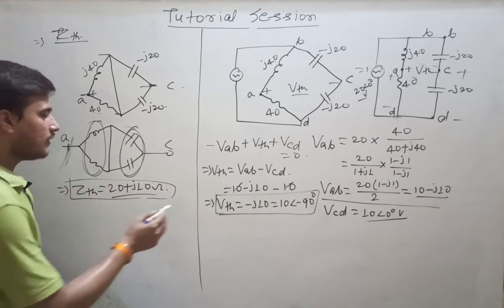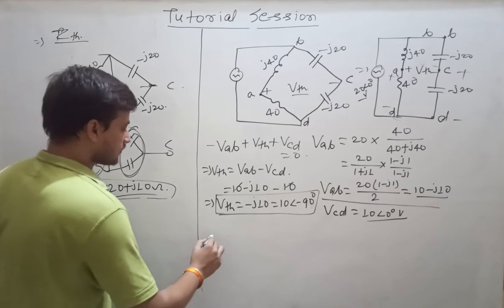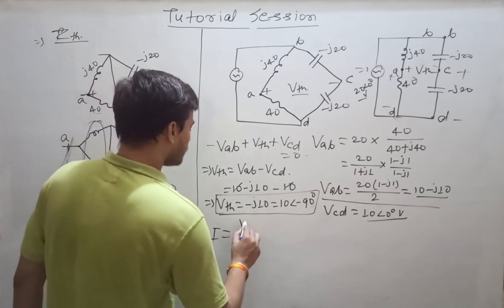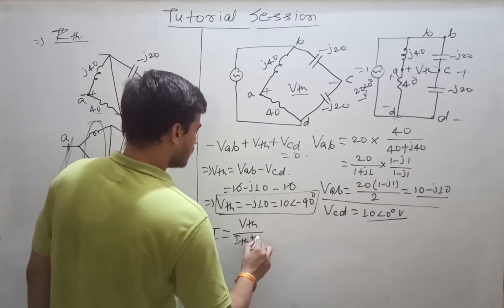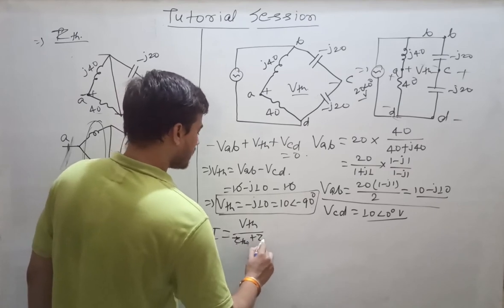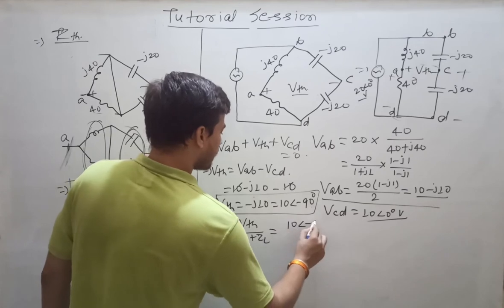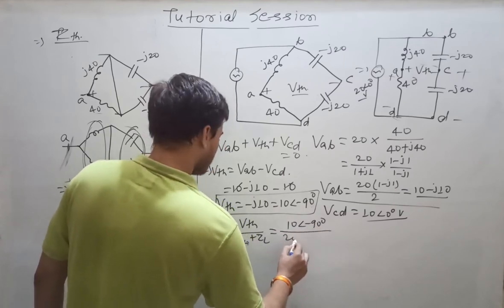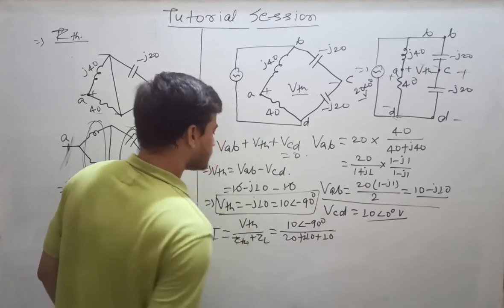You got VTH, you got ZTH. Now you have to write ITH, current I. So current I, how will you write? It will be equal to VTH divided by ZTH plus ZL. So VTH is 10 at the angle minus 90 degree, divided by ZTH 20 plus J10 plus ZL is 10 ohm.